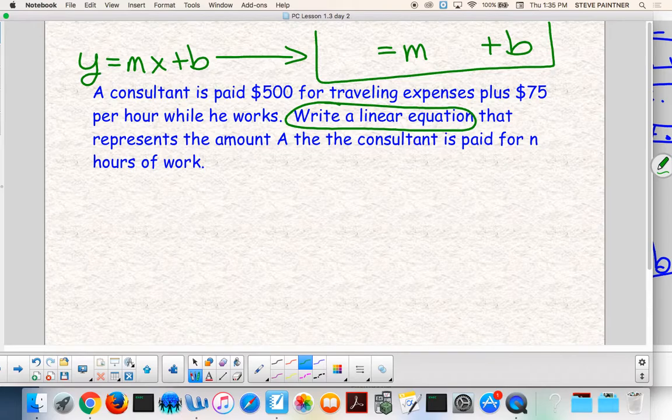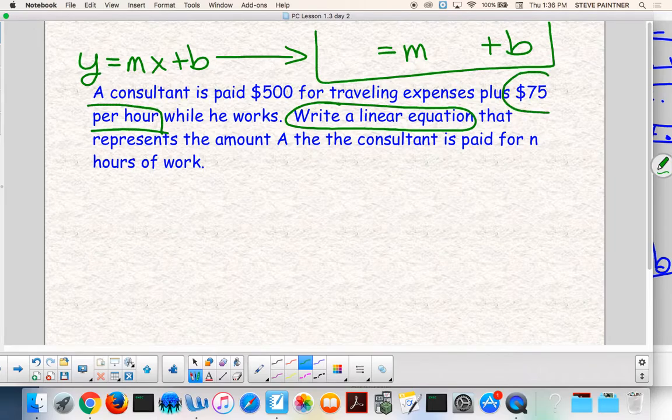Okay, quick. This one's not too bad at all, because I'll show you why in a second. It says here that a consultant is paid $500 for what? Traveling expenses. So if you're gonna gas up your car, we don't expect you to pay for it. So here's $500 for the month, plus $75 per what? Hour.